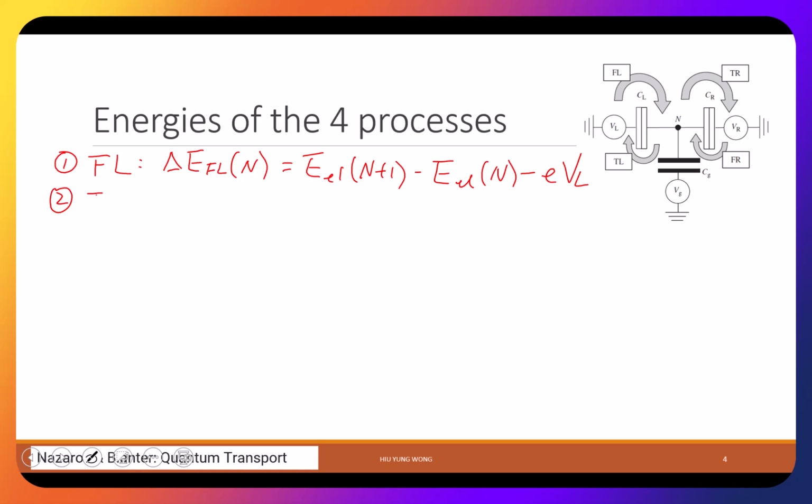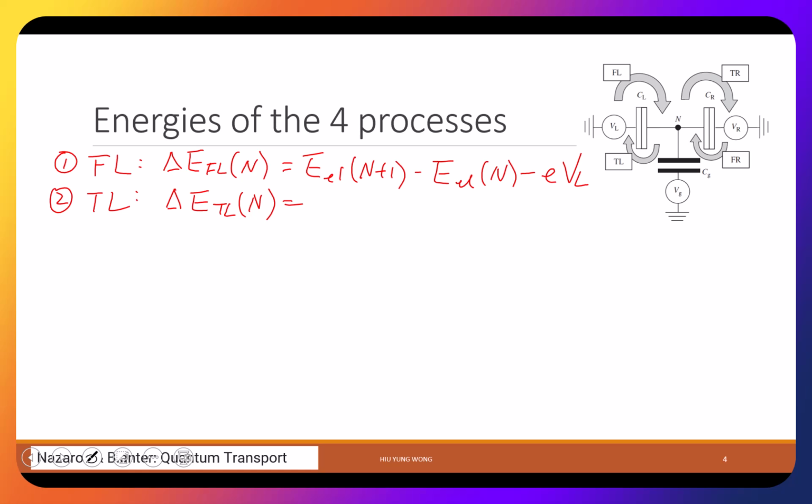So how about to the left? Can someone tell me? To the left means I lose one electron, right? So to the left, how should we do that? After I have one electron going to the left, how many are left in the quantum dot? Thank you, N minus 1.